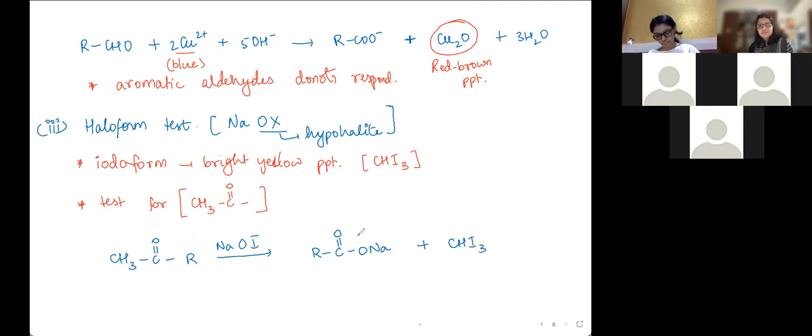Whatever halogen you use, you get that particular compound: if you take NaOX, you get CHX3. Because I took iodide, I get iodoform here. As always, you exclude fluorine, but this reaction is possible with chlorine, bromine, and iodine. Specifically, iodine is the one used in testing for this.